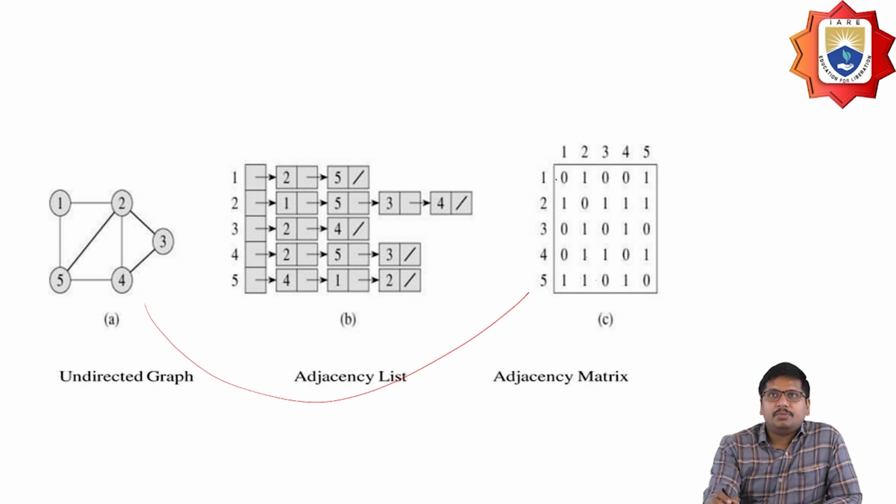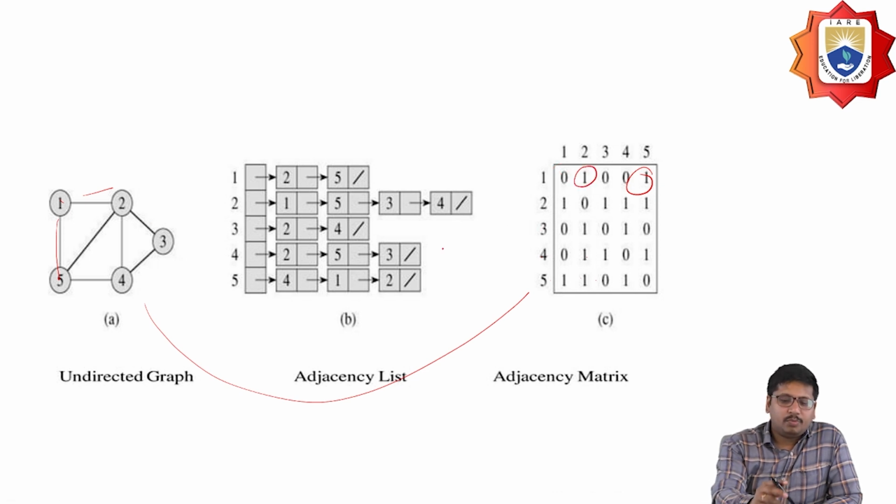So how are we going to represent this? 1 to 1, it should be 0. So 1 to 2 is 1, and 1 to 5 also, so both should be 1. And 2 if I'm going to consider: 2 to 1, 2 to 3, 2 to 4, and 2 to 5.